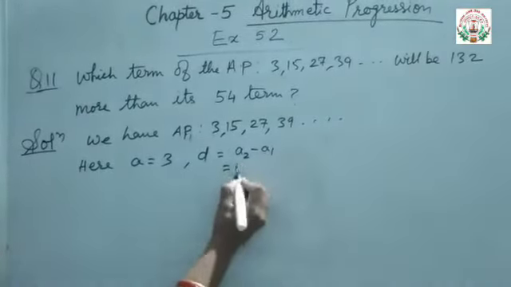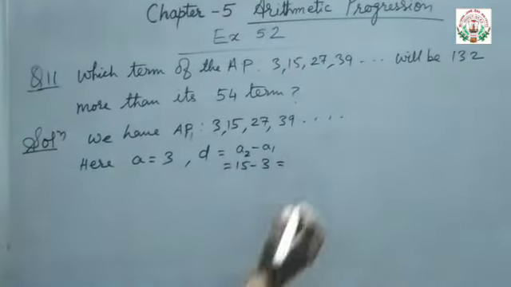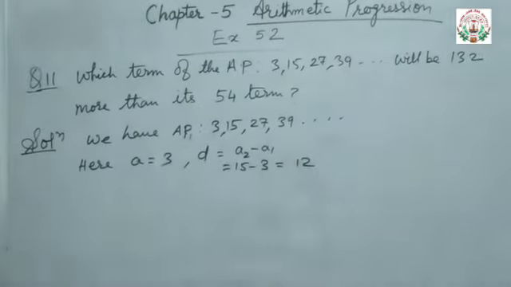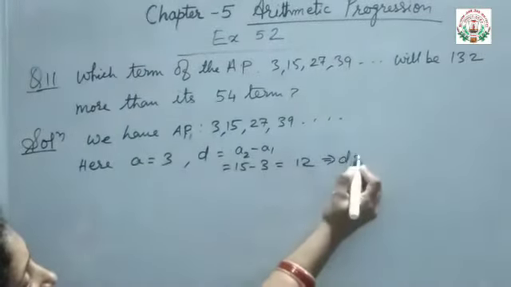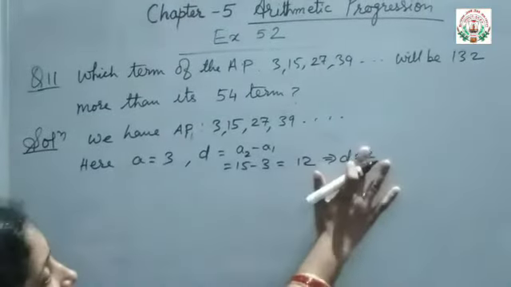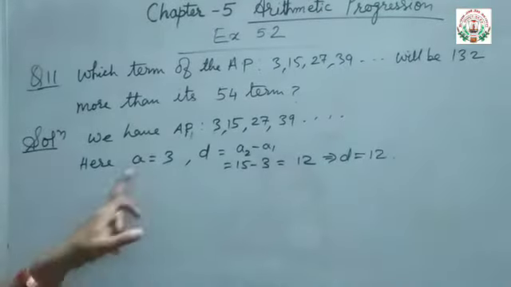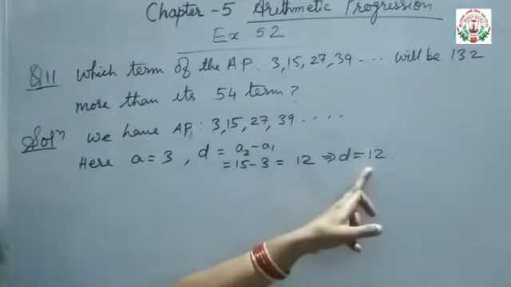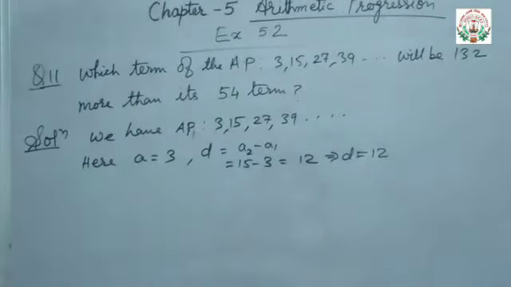You can subtract 15 minus 3, will be how much? 12. Okay, so D value is how much? Implies D equals to 12. Clear? You can write it clearly, that is 12. A value we know, D value we know. So what is its 54th term we can find out.